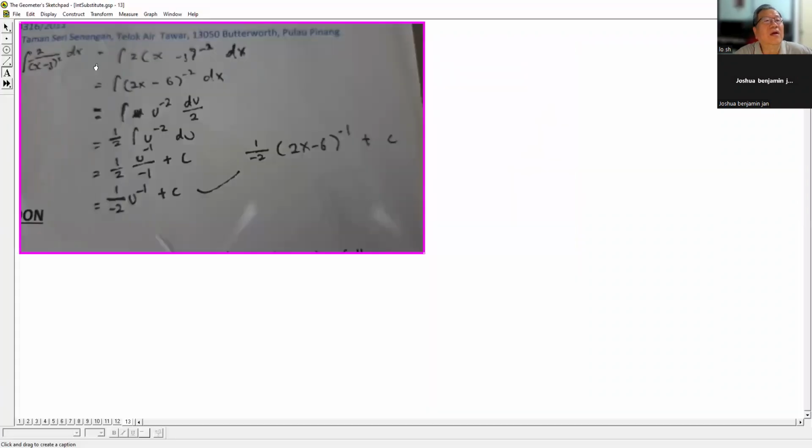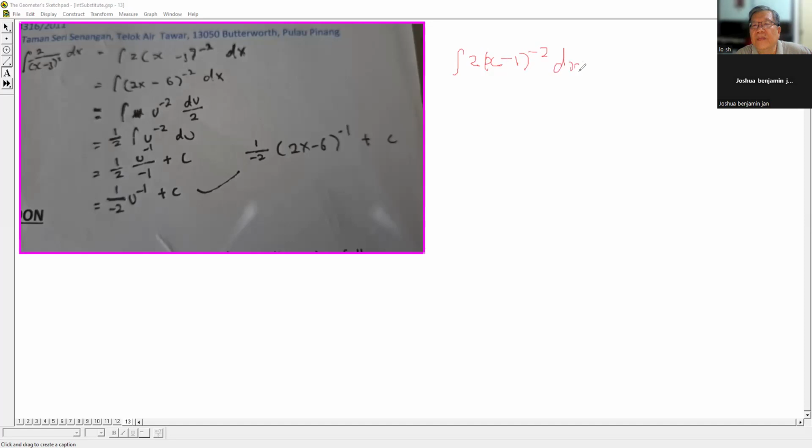The tools, cannot see the... okay. So let me show you the pencil. Okay, right. So it is like that: integrate 2 bracket x minus 1, to the power of minus 2, then dx.